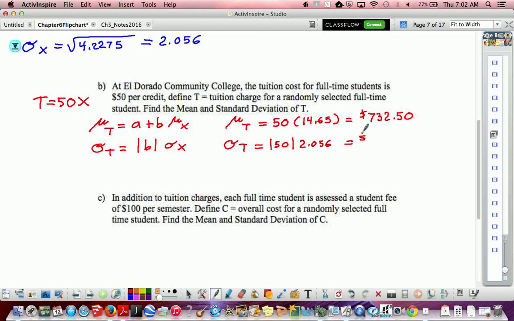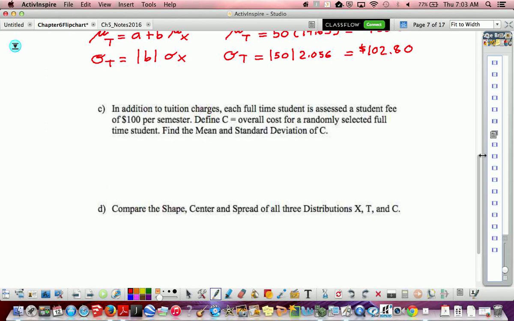So the average tuition cost will vary for a randomly selected student by $102.80.